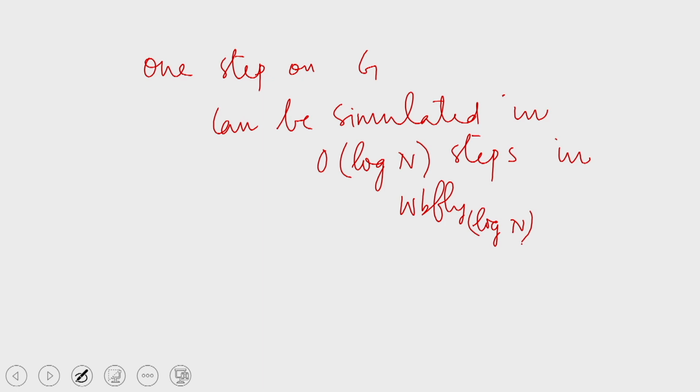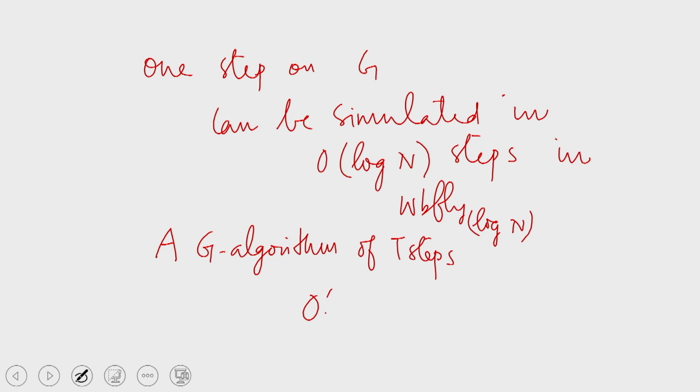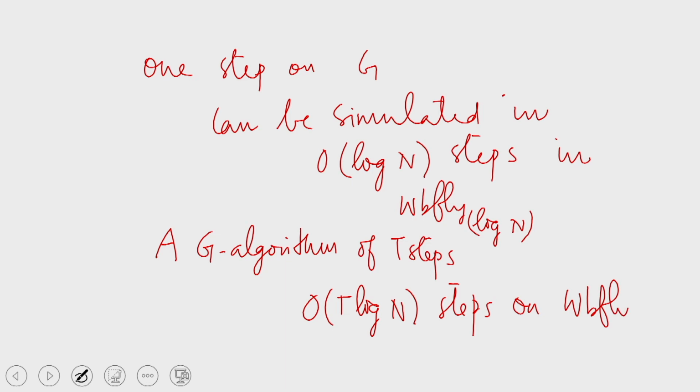In other words, a G algorithm that runs in T steps runs in order of T log n steps on our wrap butterfly of the same number of nodes.